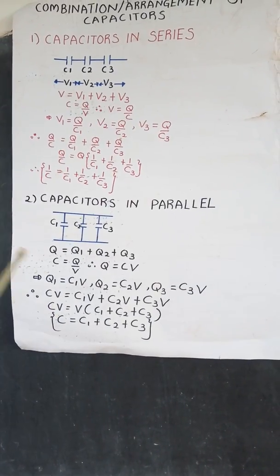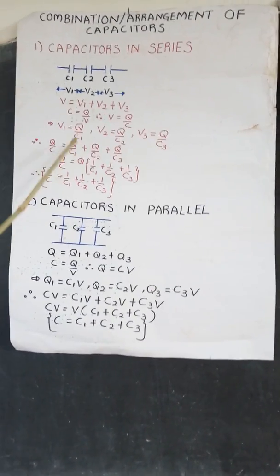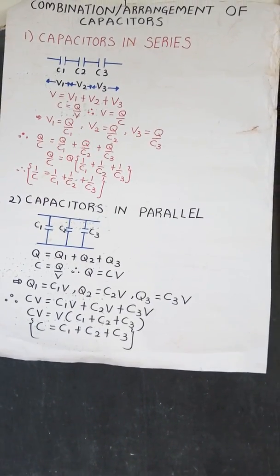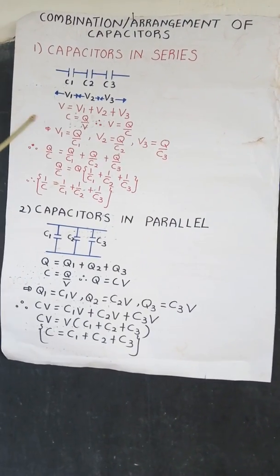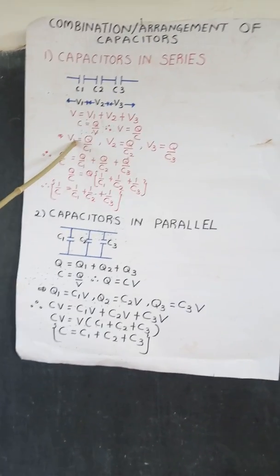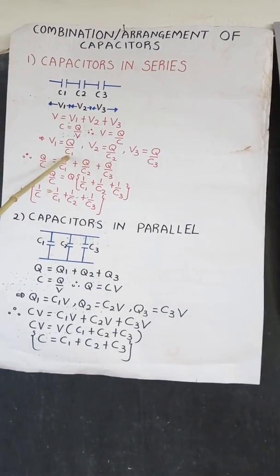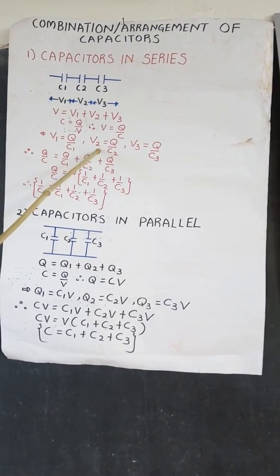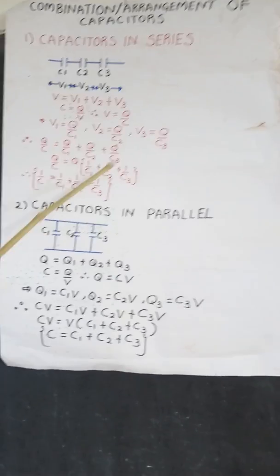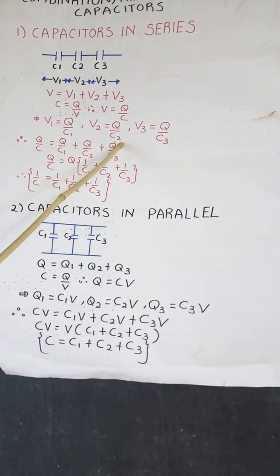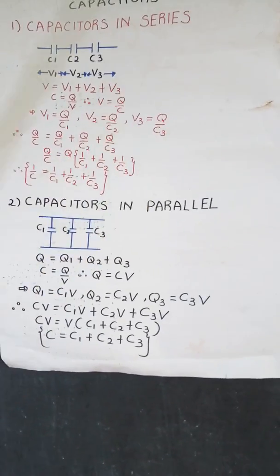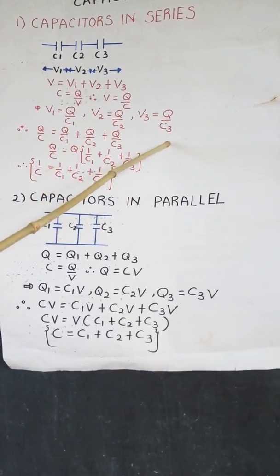From the definition of capacitance, which we are going to see later, capacitance is equal to the charge stored on the plates over the potential difference. Because we have the same charge stored, the potential drop at capacitor 1 is equal to charge stored over capacitance C1, the potential drop in capacitor 2 is equal to charge stored over C2, and the potential drop in capacitor 3 is equal to charge stored over C3.